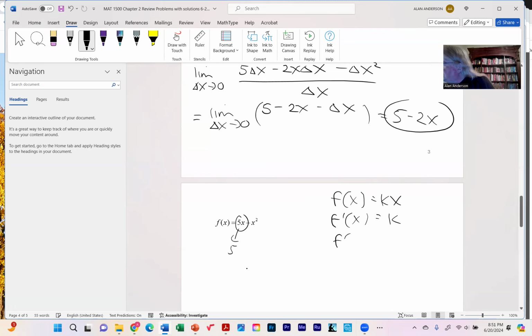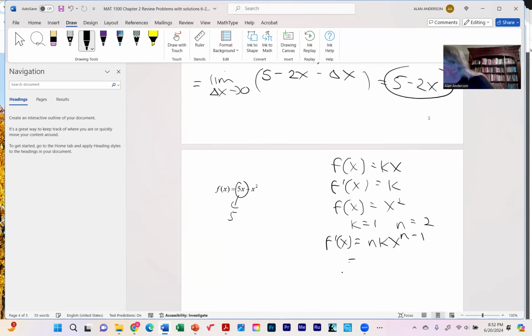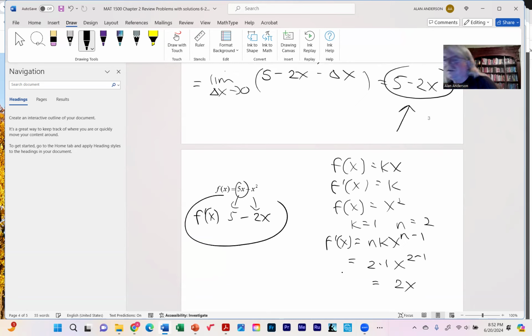So when f of x equals x squared, k is 1, n is 2, and f prime of x is n k x to the n minus 1, which means 2 times 1 times x to the 2 minus 1, which is 2x. So that means clearly we must have done this correctly. All right, so we're rolling now. Let's see what's next.